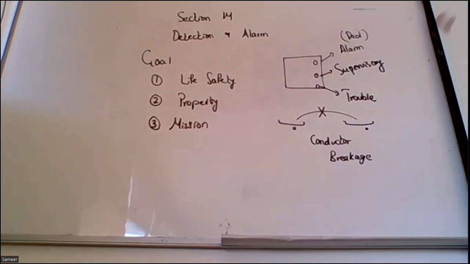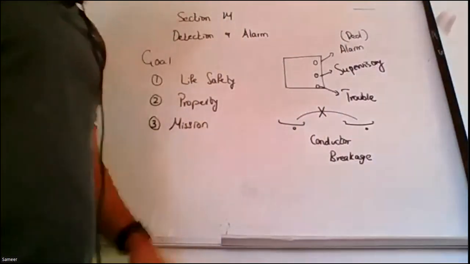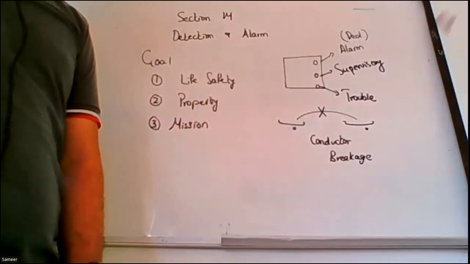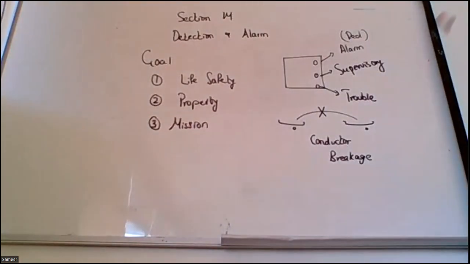Conductor breakage could be at either end: at the distribution end, or at the terminal end when you connect it too tightly and the cable bends. So conductor breakage is considered one of the most common and highest rated failures that usually appears in a fire alarm control panel. So a trouble signal indicates a fault in a monitored circuit.